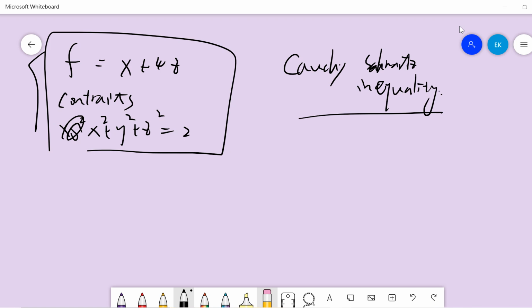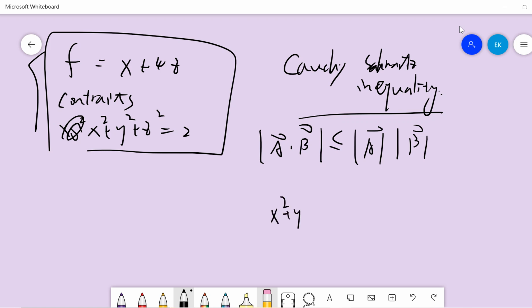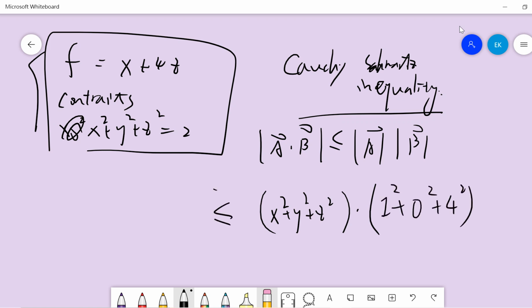The Cauchy-Schwarz inequality tells us that the inner product of two vectors is smaller than the product of their magnitudes. So basically, x squared plus y squared plus z squared times 1 squared plus 0 squared plus 4 squared is larger than x plus 4z, squared. Here one vector is xyz, and the other is 1, 0, 4.